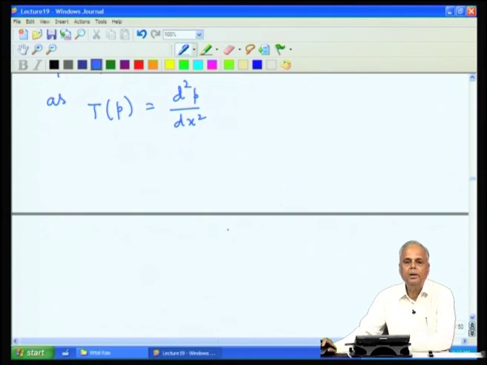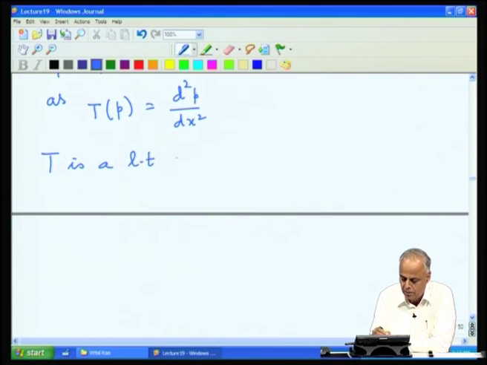Now, again in the last lecture we verified that this is a linear transformation from V to W. So, T is a linear transformation from V to W.